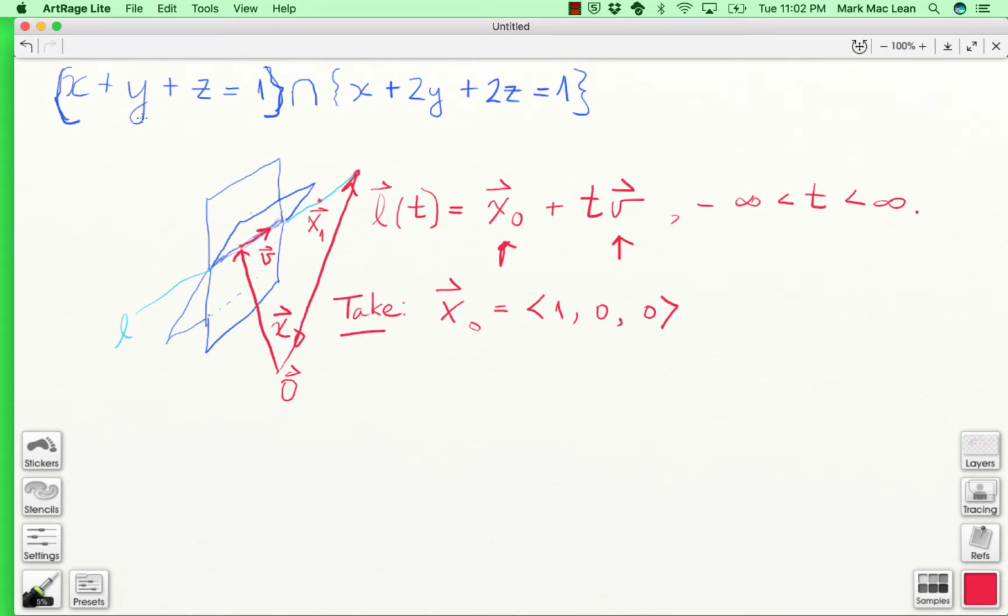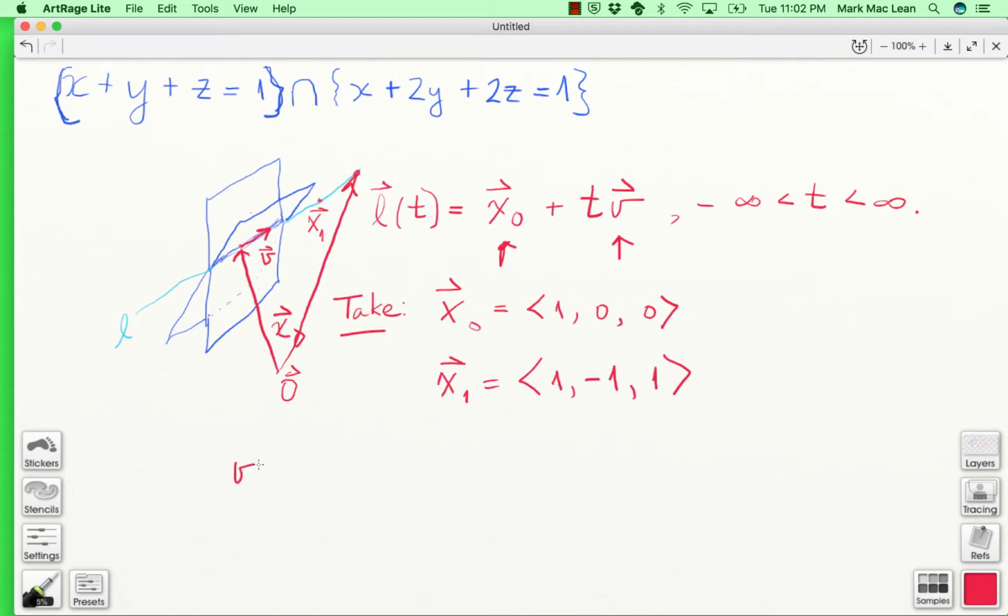So for example, if I let y be 1 and z negative 1, so the point x1, if I look at it, I could let it be x is 1, y is negative 1, and z is 1. And that works out in both of these equations. So this is also a point on the line.